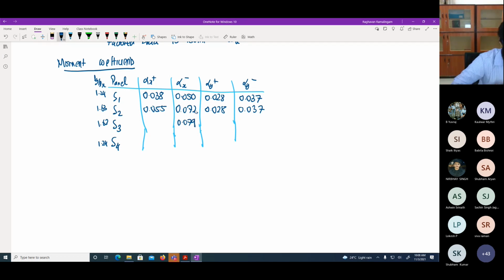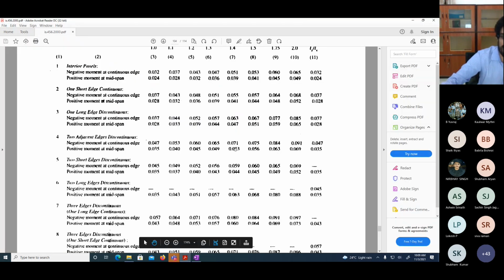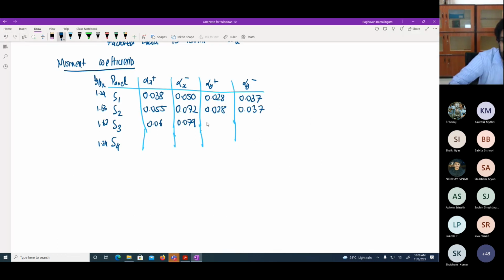I'll keep 0.079. How about for alpha x plus, the positive moment coefficient? 0.0595. And of course for the other direction no problem because it's constant. So 0.035 and 0.047.